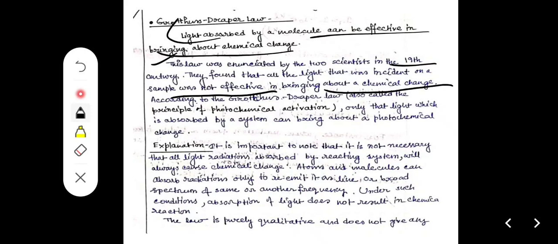The radiation incident on a substance is not always effective; it does not always produce chemical changes. According to the Grotthuss-Draper law, also called the principle of photochemical activation, concerned with photochemical activation of molecules, atoms or electrons, only that light which is absorbed by the system can bring about a photochemical change that is effective.